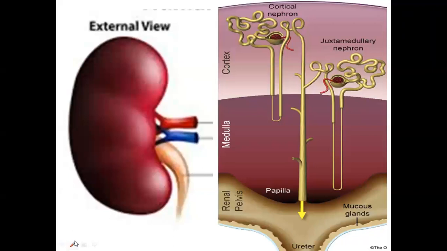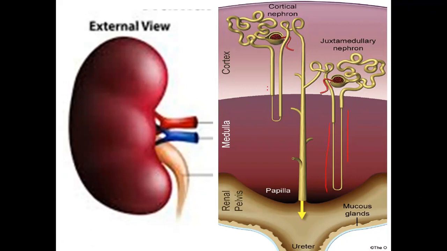On the other hand, juxtamedullary nephrons have a long Henle's loop. You can see a very long Henle's loop in the juxtamedullary nephron.